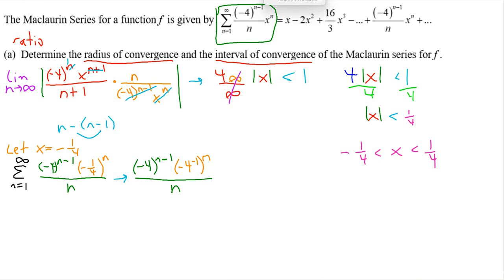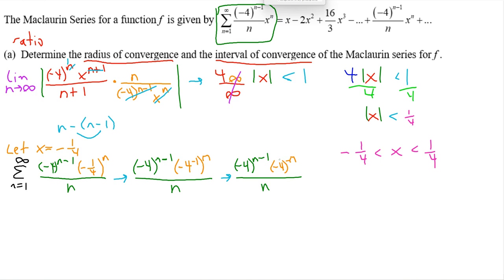And then you can multiply the exponents. So you have -4 to the n minus 1, and then when you multiply those, you have -4 to the negative n over n. And now they have the same base, so we can add the exponents.